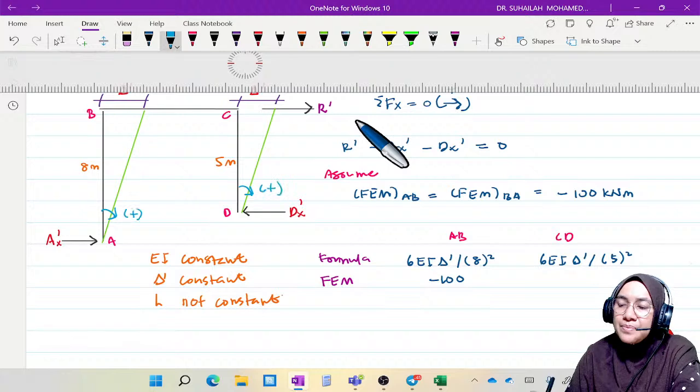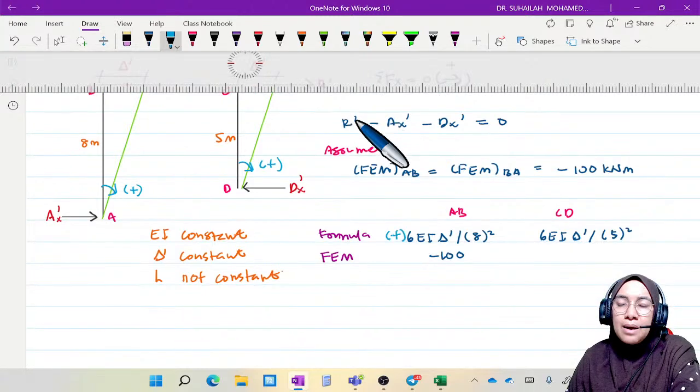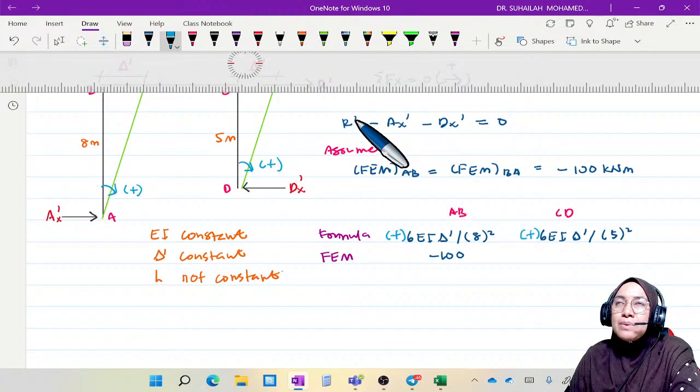I want to write it in the formula, so the angle is represented by this positive in the formula, and the angle and FEM must be perpendicular. So we can check, FEM is negative because the angle is positive.